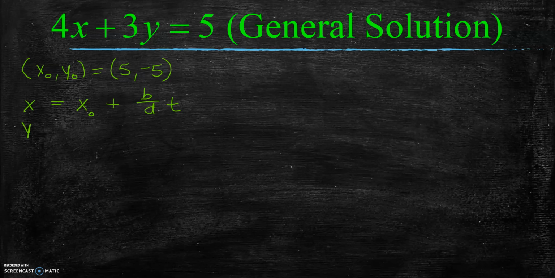And for y, we're going to use our particular solution for y, which was y0, minus a over d times t. And here, t is going to be an integer.